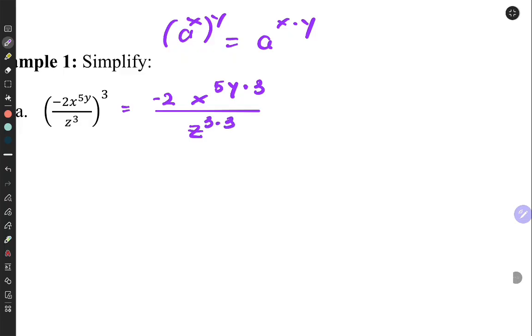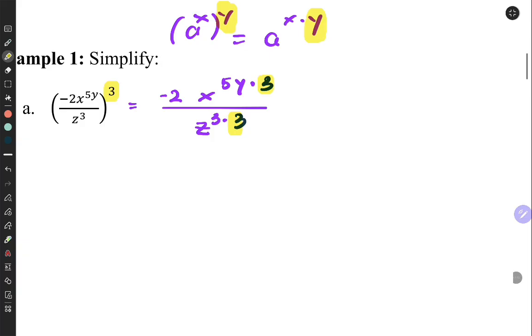That number 3 there. Where's the mistake? I just did that exponent. That number 3 is this one right there.